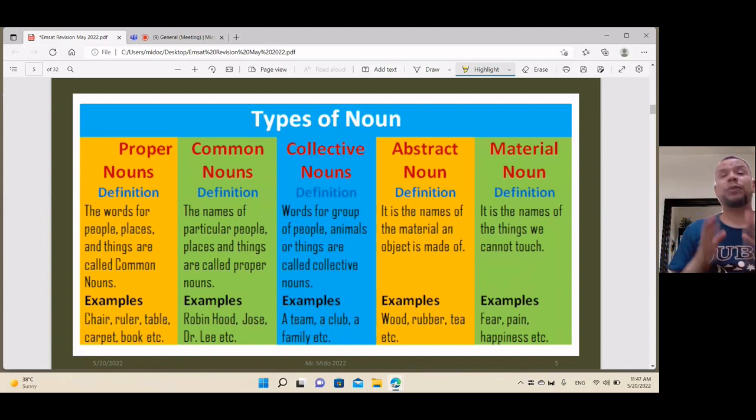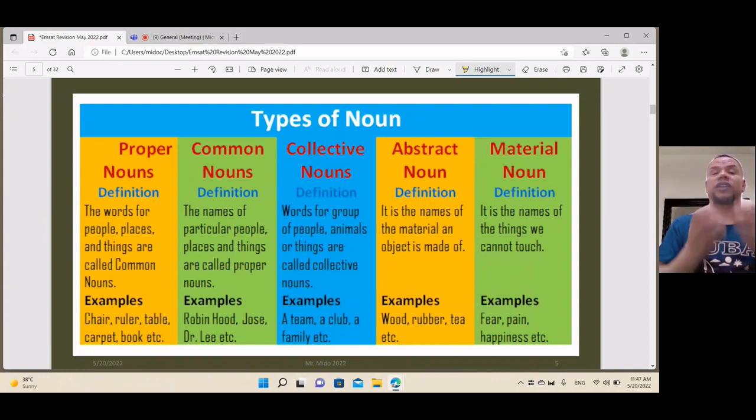Abstract noun, type 4. An abstract noun is something you cannot touch, you cannot see, but it's a noun. Like what? Like honesty. I saw his honesty when he talked to me yesterday.